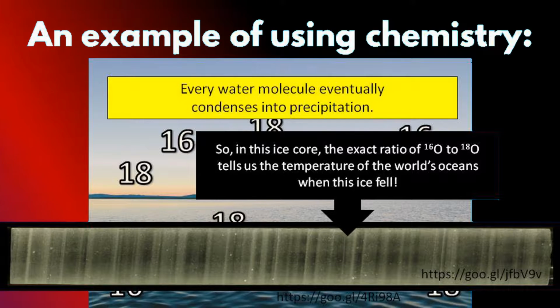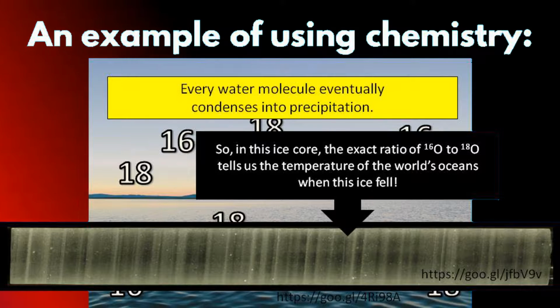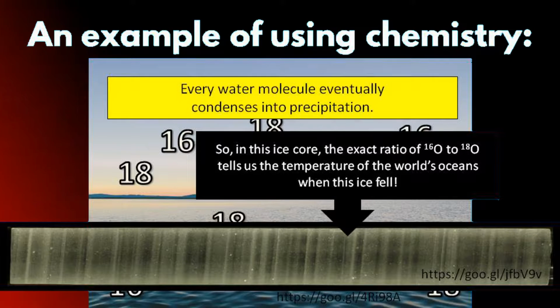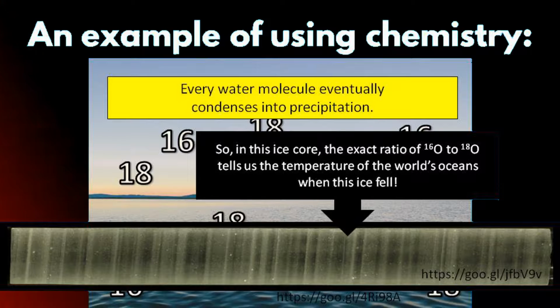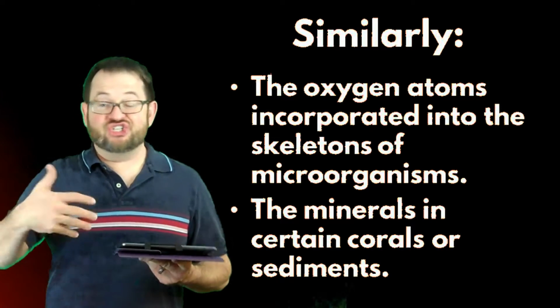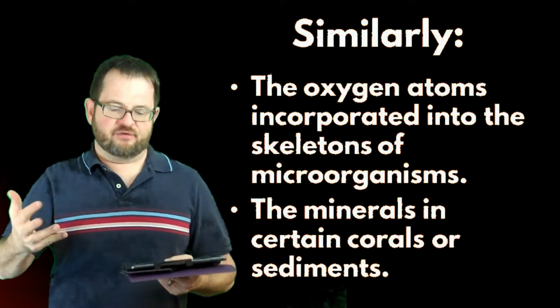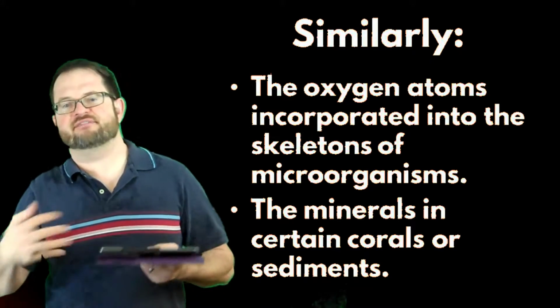That's amazing. We can actually figure out what the global ocean surface temperature was from ice that's been laying there under an ice sheet for potentially hundreds of thousands of years. This is really cool that this works. And in the same way, oxygen atoms are also incorporated, for example, into the exoskeletons of microorganisms.